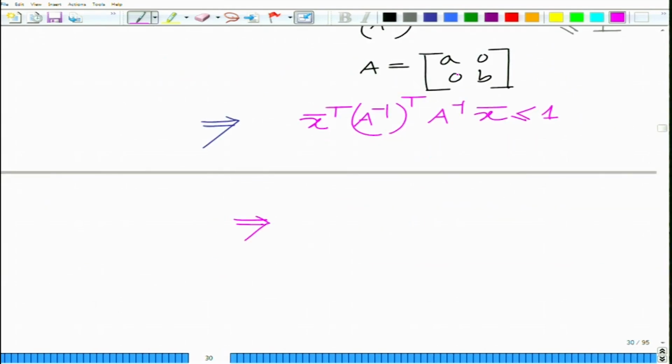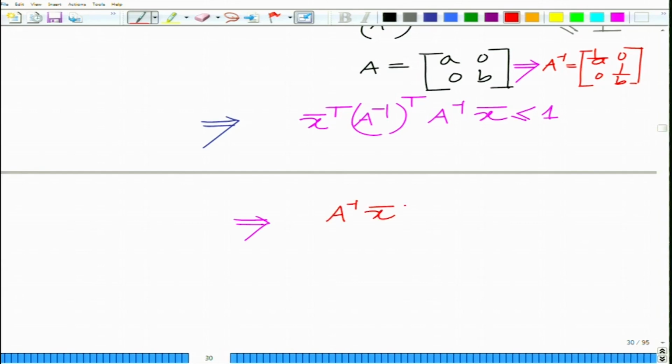Remember, this is our matrix A, a diagonal matrix with a and b on the diagonal, and this implies A inverse is simply 1 over a, 0, 0, 1 over b.